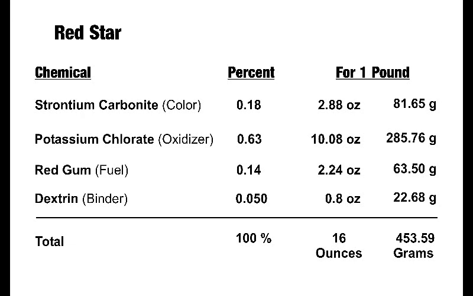Just like with black powder, the percentages of each are shown. So depending on whether you're measuring in ounces or in grams, this is the appropriate amount for producing 1 pound of red stars.